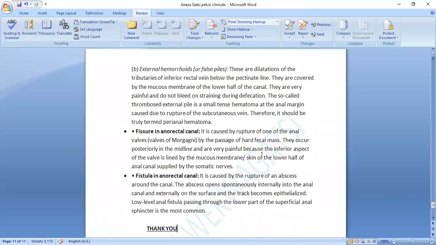Then you also have a fistula in the anorectal canal, which is caused by the rupture of an abscess around the anal canal. This abscess will open spontaneously internally into the anal canal and externally on the surface, and the tract becomes epithelialized.